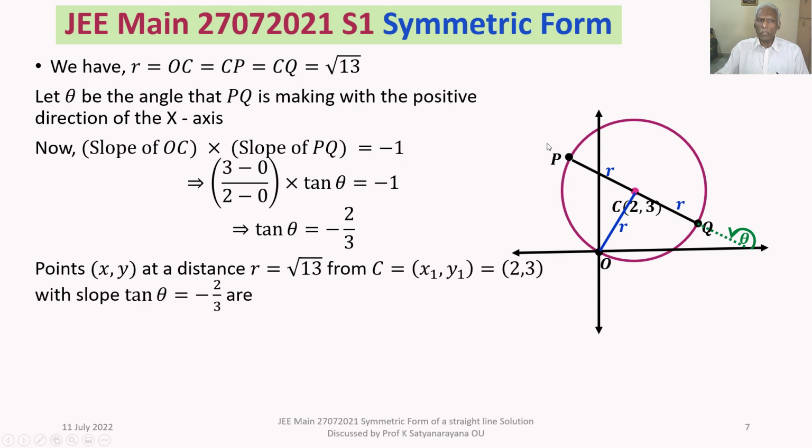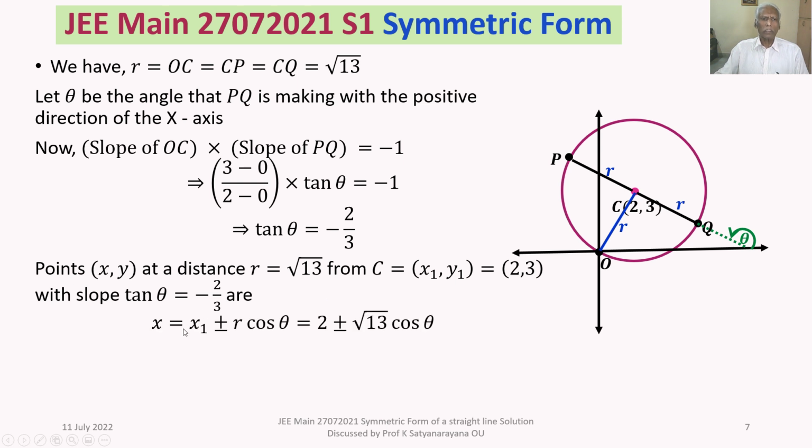Now the points (x, y) at a distance r equal to root 13 from C(x1, y1), that is (2, 3), with slope tan theta equal to -2/3, are given by the symmetric form.